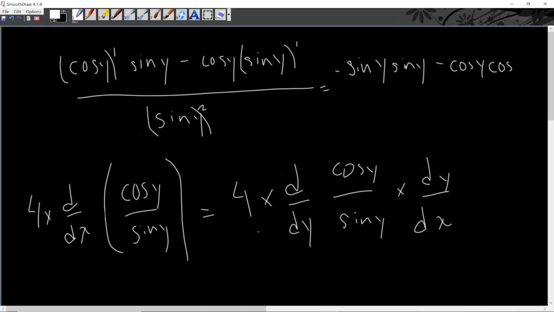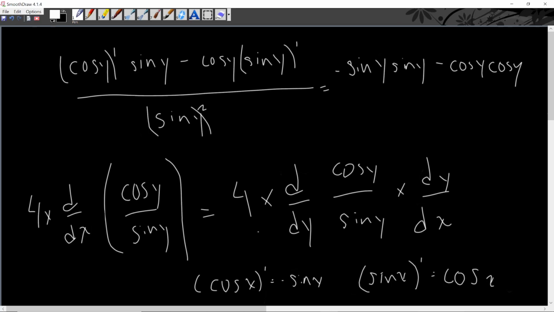So the derivative of cosine is negative sine, the derivative of sine is cosine, and then the derivative of cosine is negative sine. So yeah, those are good to remember.